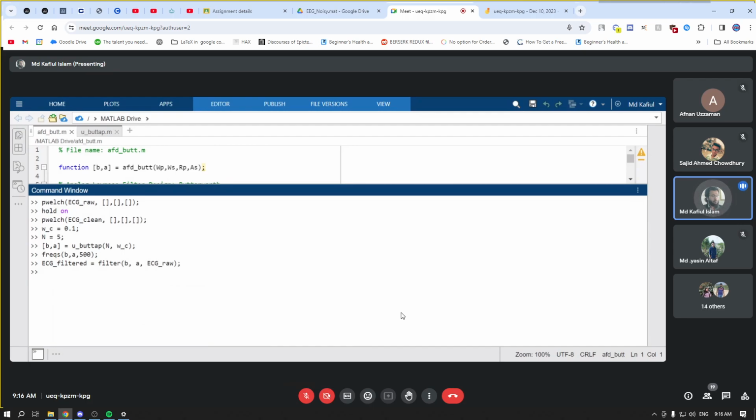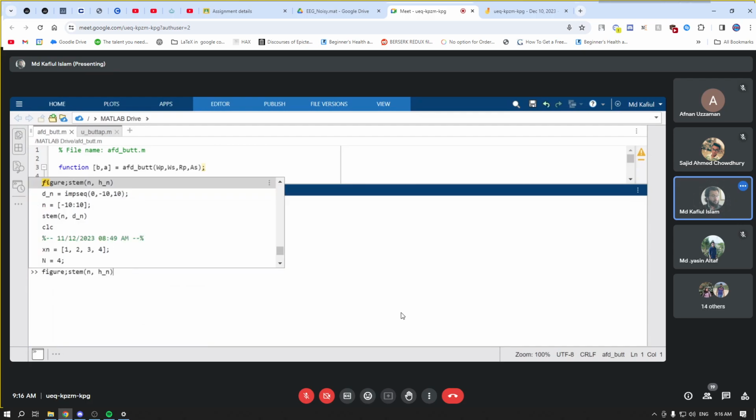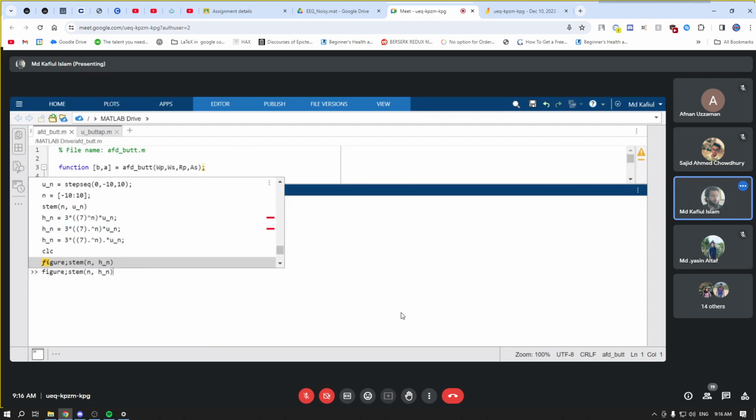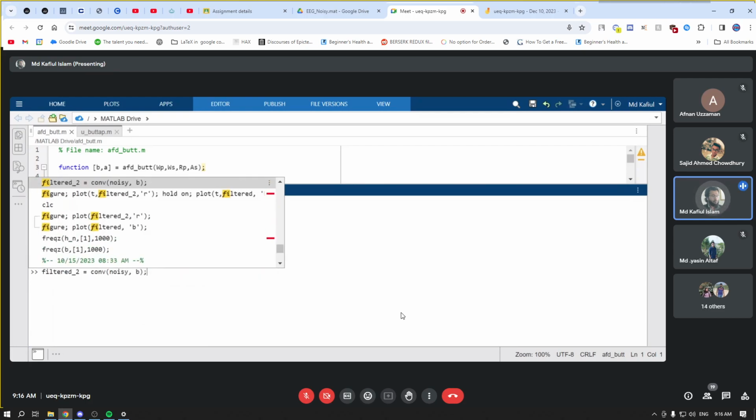Now we should be able to plot the signal.